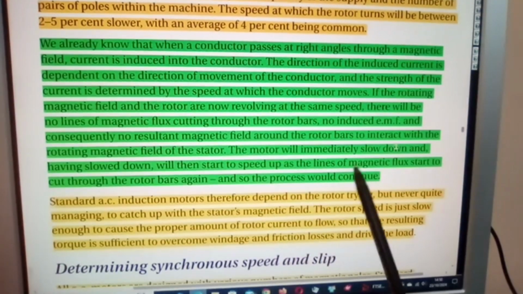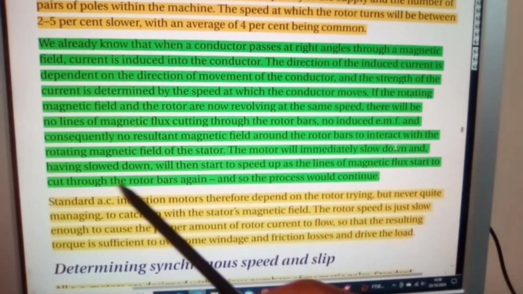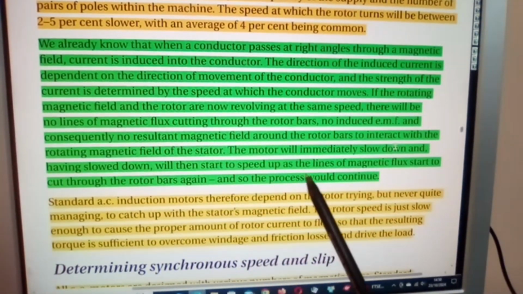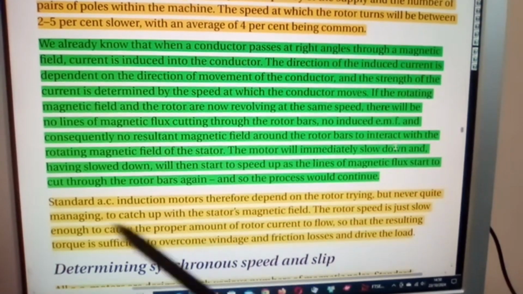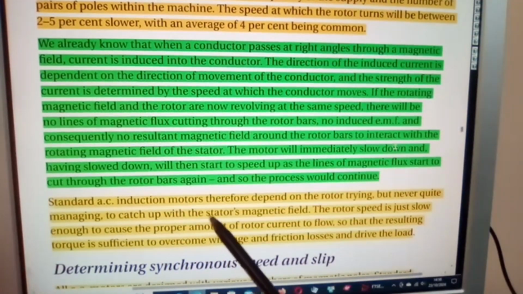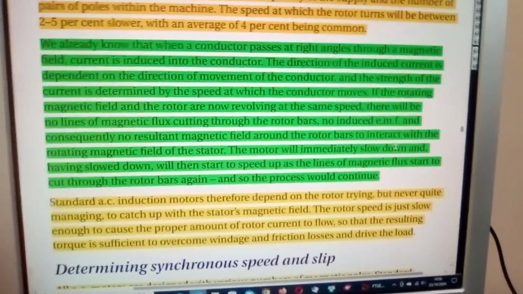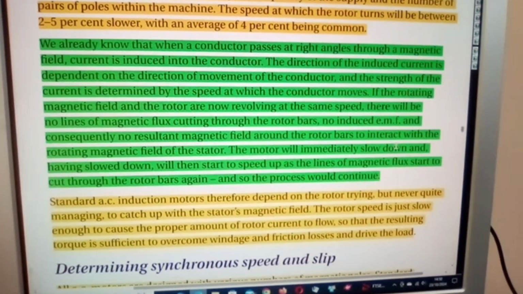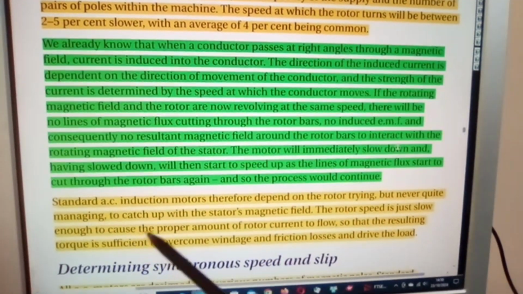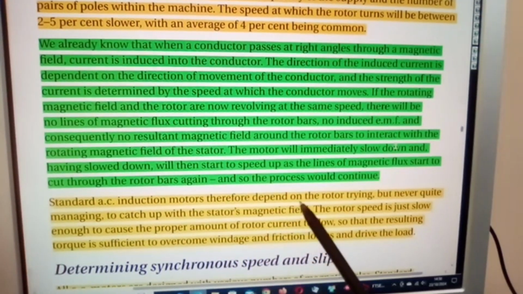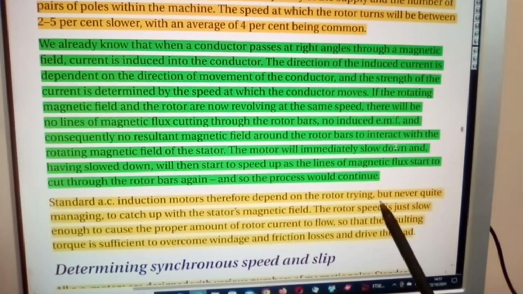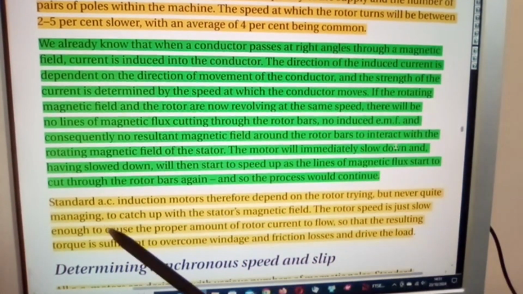The motor will immediately slow down, and having slowed down will then start to speed up as the lines of magnetic flux start to cut through the rotor bars again, and so the process would continue. Standard AC induction motors therefore depend on the rotor trying but never quite managing to catch up with the stator's magnetic field.